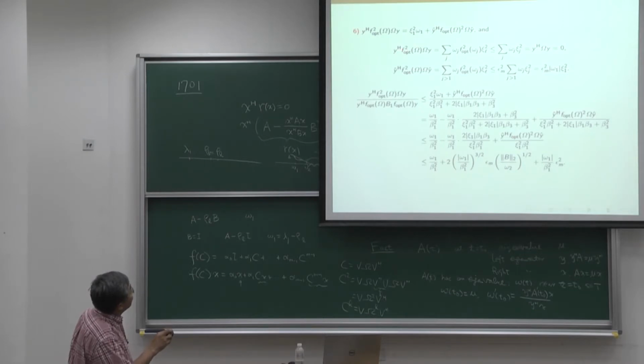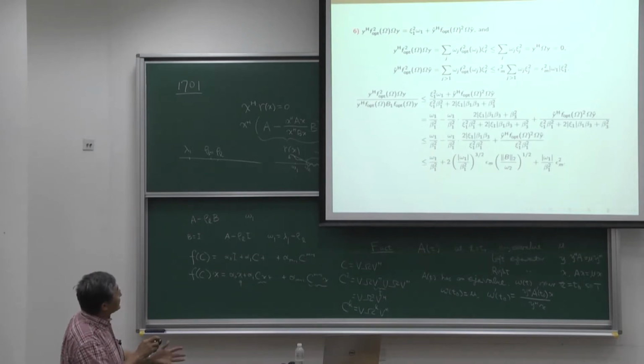Then you look at y squared. This will be the sum of all. And why is that true? That is true because for the first one, omega 1 f equals 1. The rest of the terms, omega 2 to omega n f squared, are less than 1. So therefore you make them bigger.